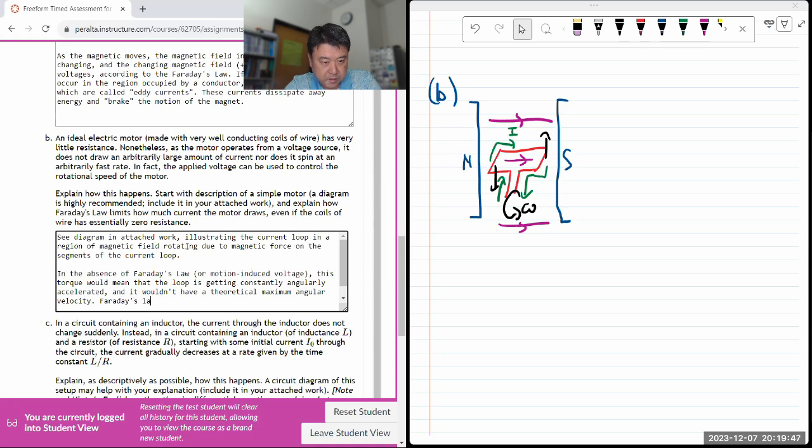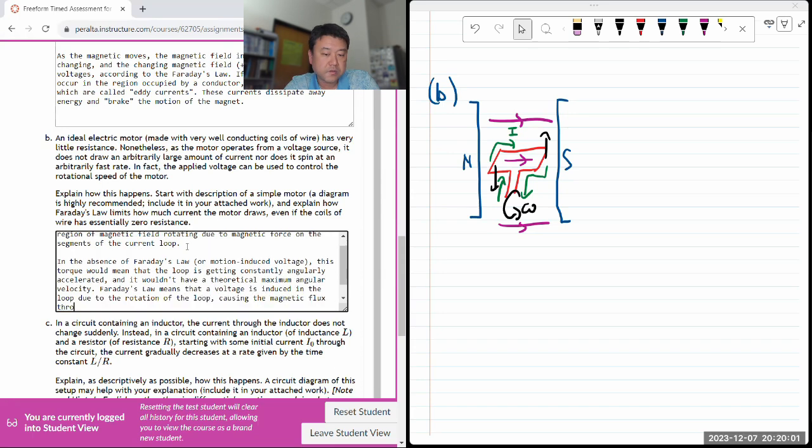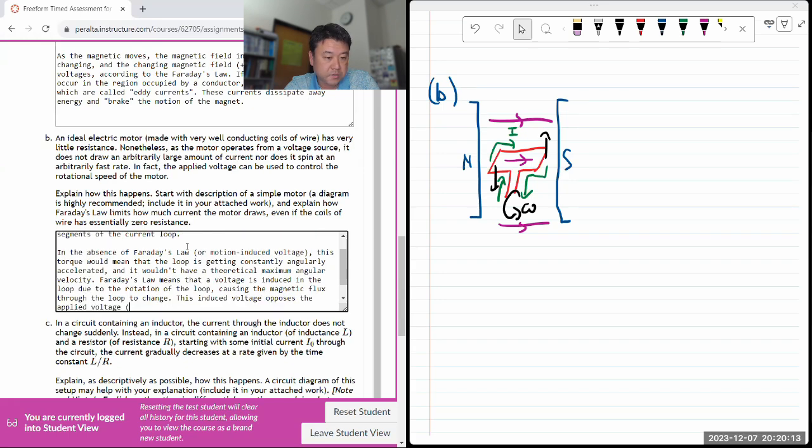Faraday's law means that voltage is induced in the loop due to the rotation of the loop, causing the magnetic flux through the loop to change. This induced voltage opposes the applied voltage, by Lenz's law.